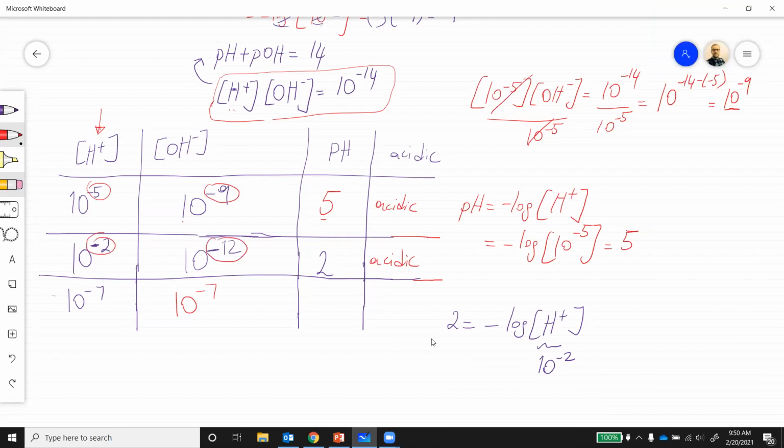Negative 14, sorry, not 14. So if the OH concentration is 10 to the negative 7, the pH is going to be the negative log of 10 to the negative 7. So therefore, it's going to be 7, and this is going to be neutral, because it's right in the middle.